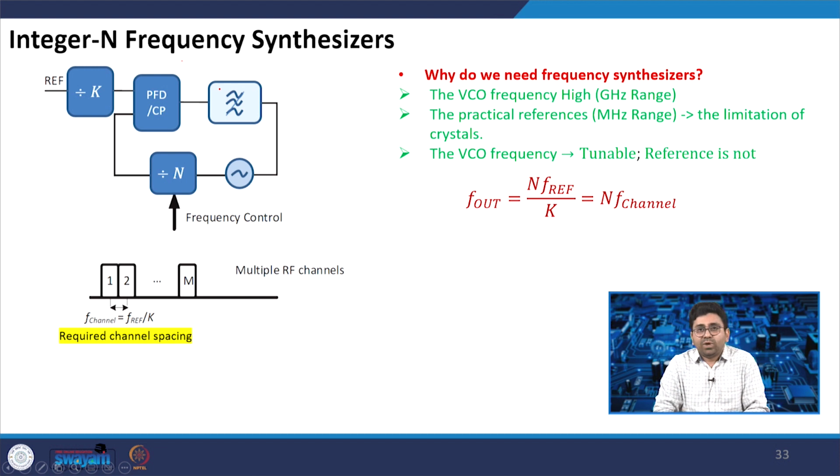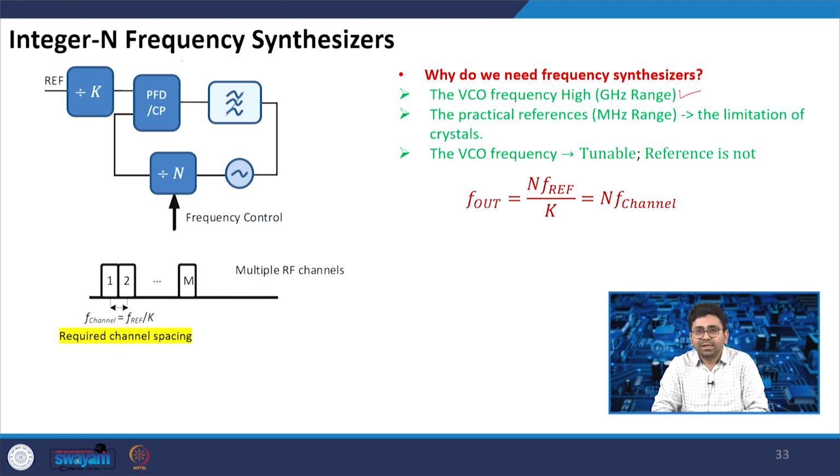Why is there a need for a frequency synthesizer? The first is the VCO frequency range, because we are working at 900 megahertz or 2.4 gigahertz or 5.6 gigahertz. So, different RF frequencies, and those frequencies are very high. So, the VCO frequency is very high and it is in the gigahertz range.